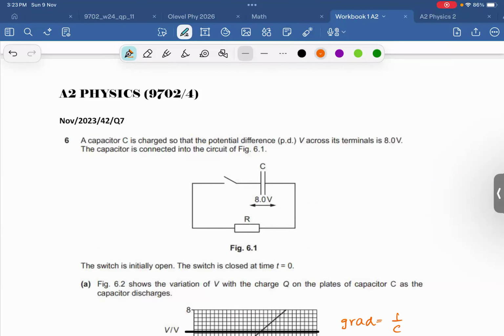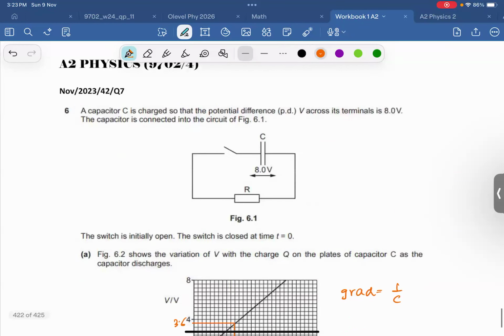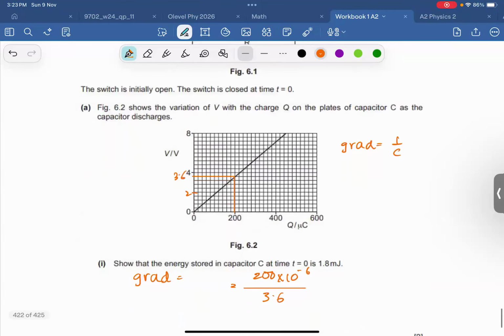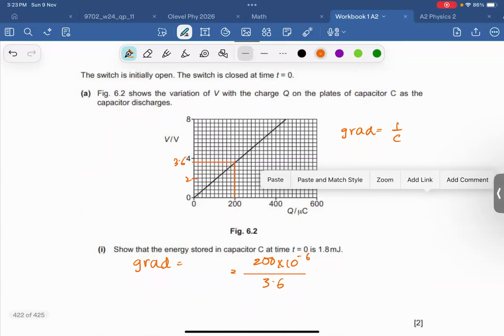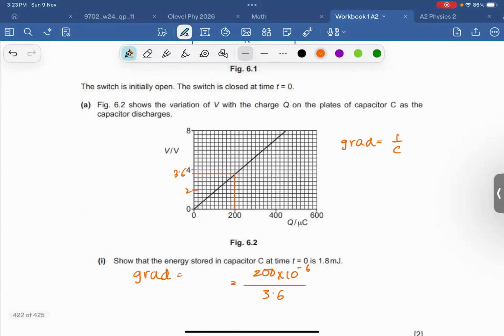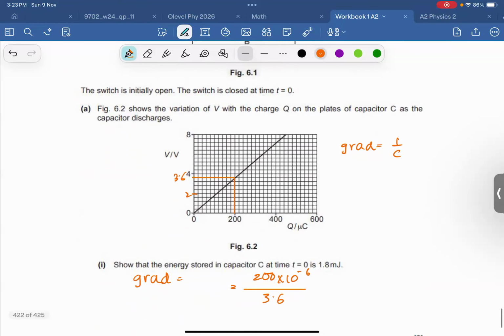The potential difference across the terminal of the capacitor is 8 volt.